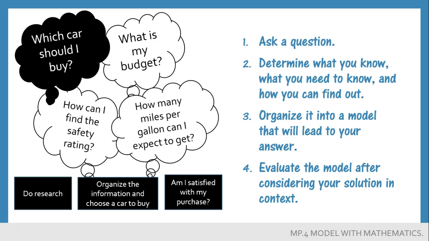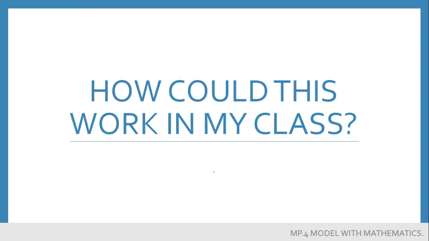Now that you've got a sense of the meaning of this practice, let's look more deeply into what it means to model with mathematics. I'll highlight 3 features of this mathematical practice as well as example activities at different levels that work with each feature. All of the math content examples that I share can be found in the College and Career Readiness Standards for Adult Education.